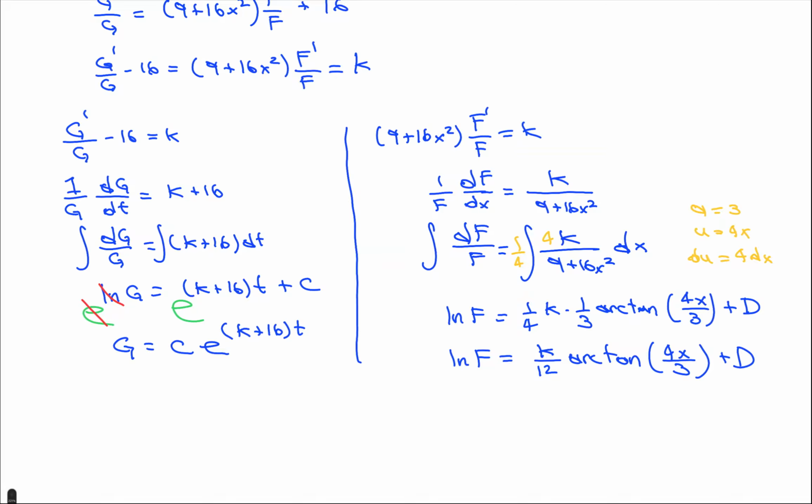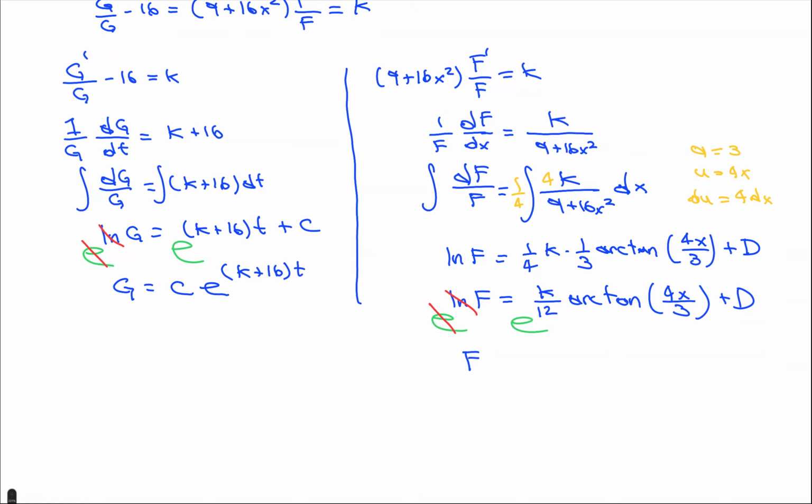Exponentiating both sides on the base e, that's going to leave us with f on the left hand side, and that equals e to the k over 12 arctan of 4x over 3. But actually, the e to the d is just going to be another constant d, right?